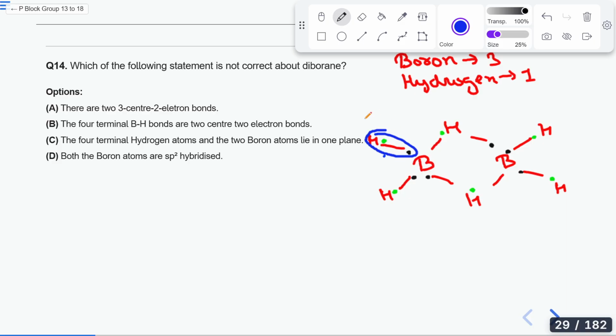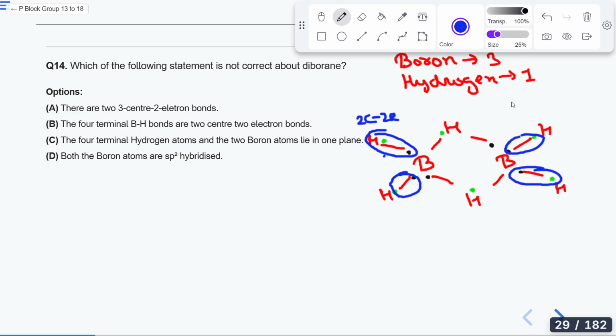So this is 2 center 2 electron, because in one bond there are two atoms, hydrogen and boron. So two centers, one center is hydrogen, the other is boron, and 2 electrons. So 2 center 2 electron. Similarly, this bond is also 2 center 2 electron, and this bond is also 2 center 2 electron.